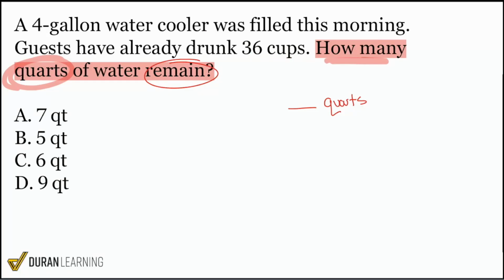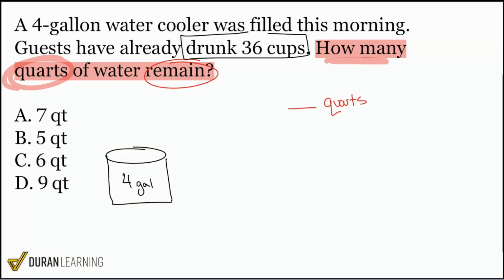So everybody, is it fair? Is it fair to say, even if you don't know how to actually do the math, that we have this water cooler right here that's 4 gallons, and we see that our guests have drunk 36 cups? So that means that we have to subtract 36 cups.